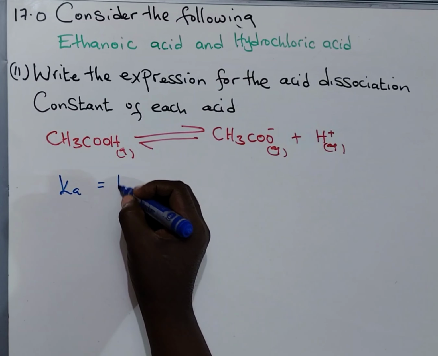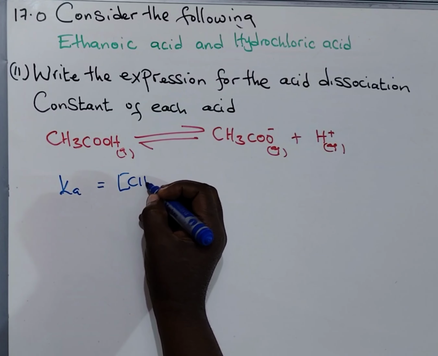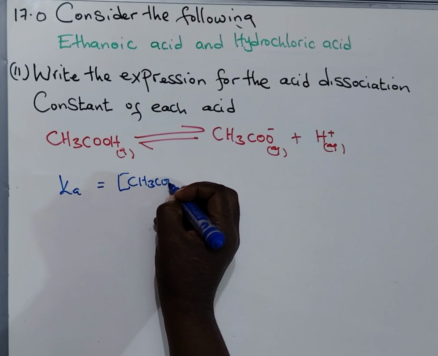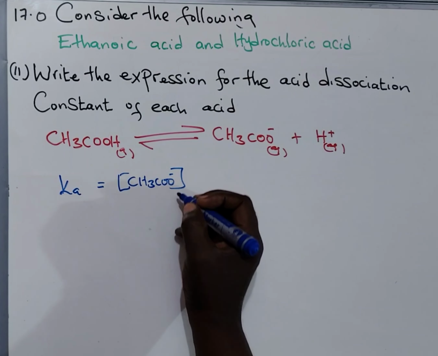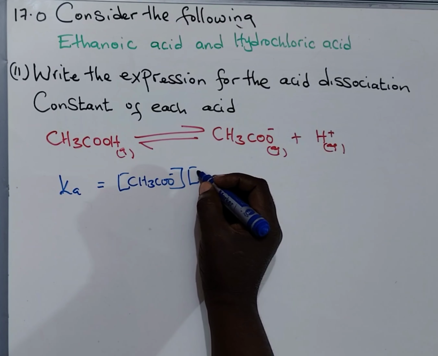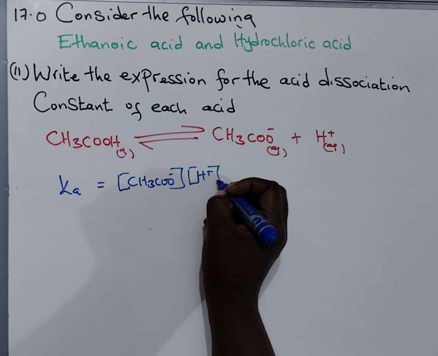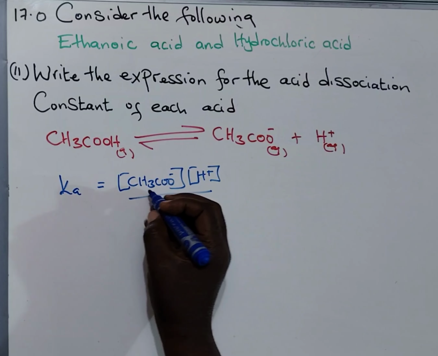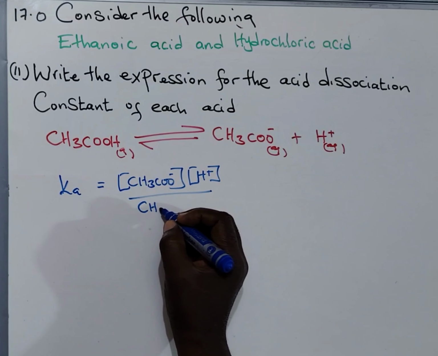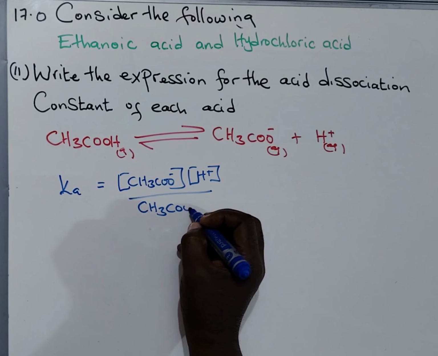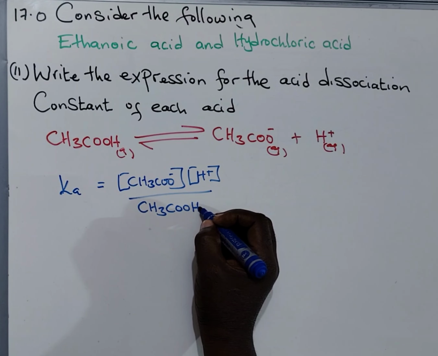So it's going to be the concentration of CH3COO minus, the ethanoate ion, times the hydrogen ion concentration, over CH3COOH.